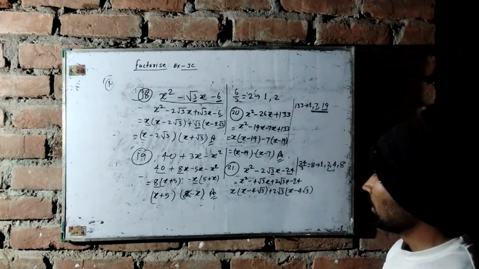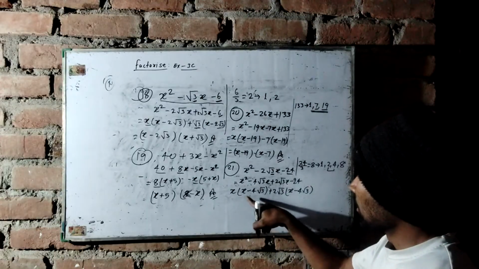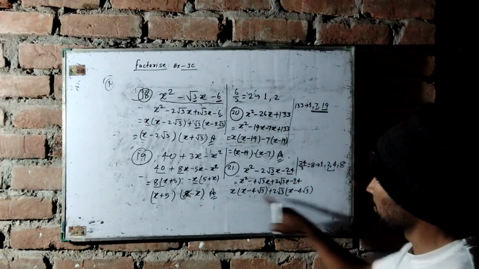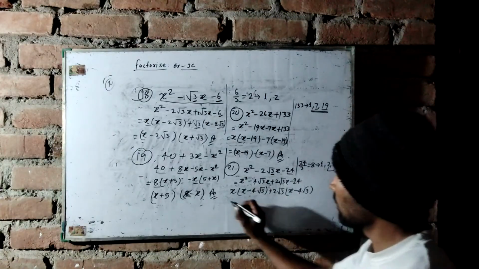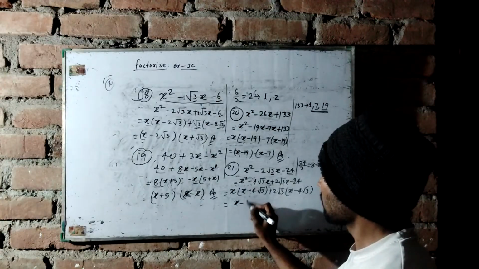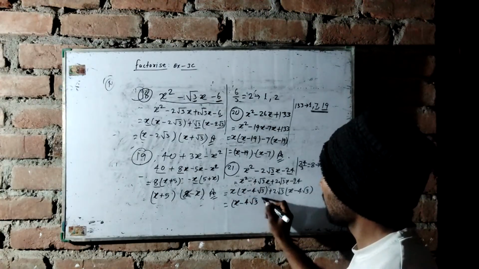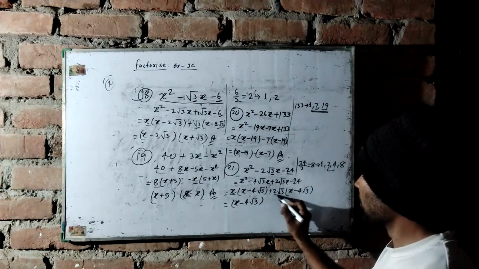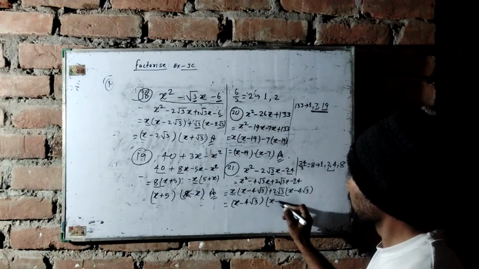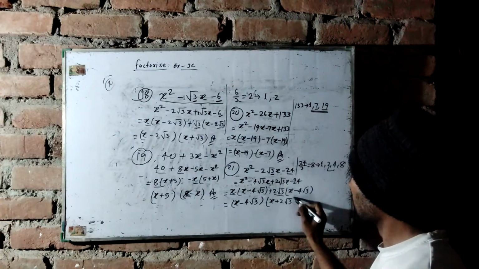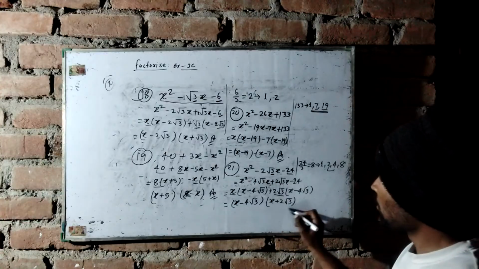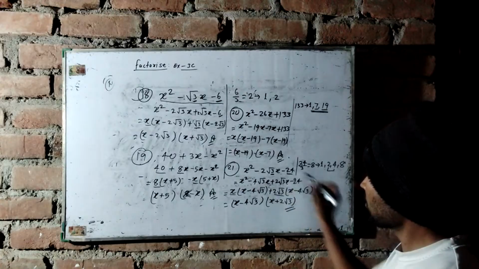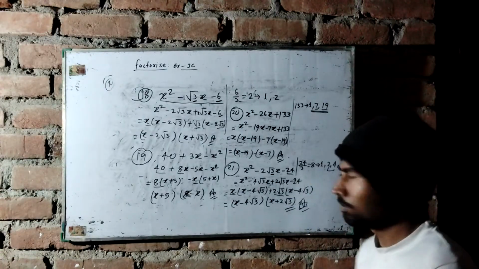So now we can see clearly x minus 4 under root 3 is present in both terms. So we can take x minus 4 under root 3 as a common, and x plus 2 under root 3 as a multiple. So these are the required factors of the polynomial x squared minus 2 under root 3x minus 24.